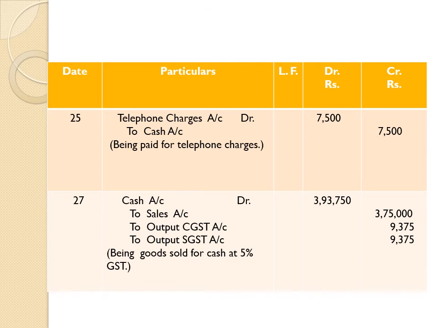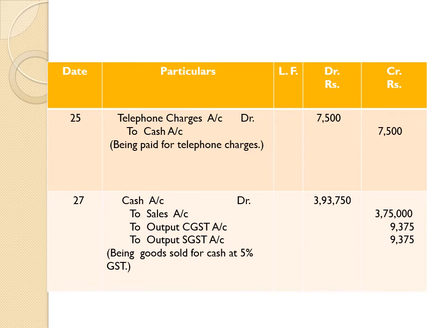So 5% of 3,75,000 comes to 18,750. 18,750 has been divided into state and central government. Tax of central government, GST of central government is known as CGST. GST of state government is known as SGST.